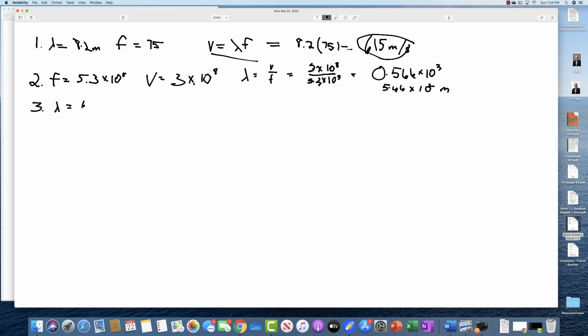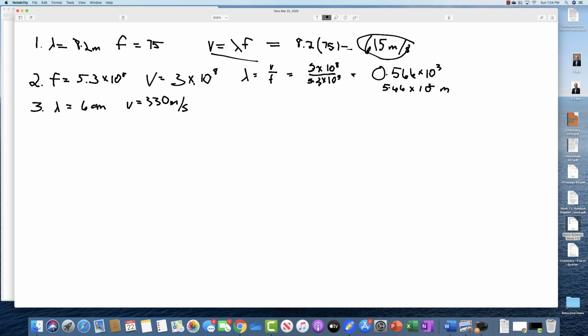Now, you always have to get suspicious when they change units on you, because here you're going to have mixed units. The velocity is 330 meters per second. So you're going to have to do one of two things. You're either going to have to change the velocity into centimeters per second or the wavelength into meters.